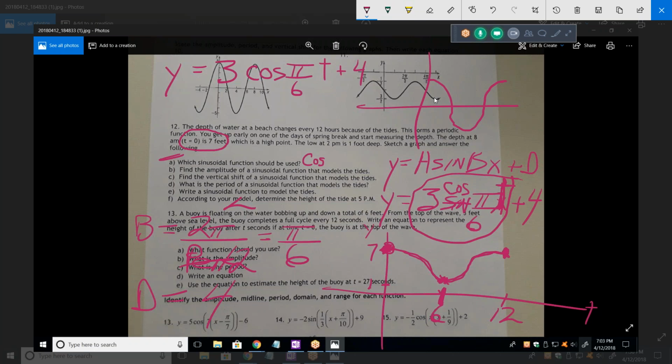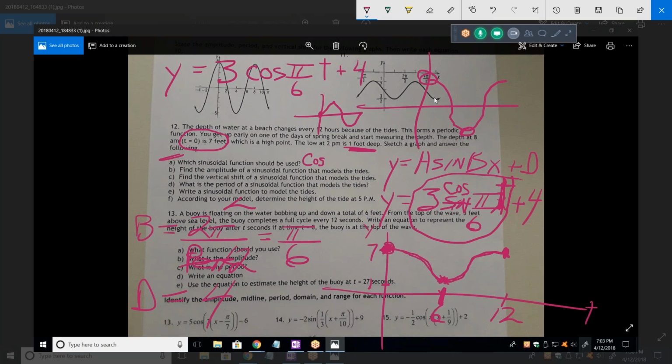They're going down to the low point 6 hours later, and then they're coming back up to the high point. So that is why we're going to use a cosine curve, not a sine curve. Cosine curves start at the high point, and then they go down to their low point. Sine curves don't do that. Sine curves start in the middle, then they go up to their high point, and they go back down to the middle, then down to the low point, and then back to the middle.